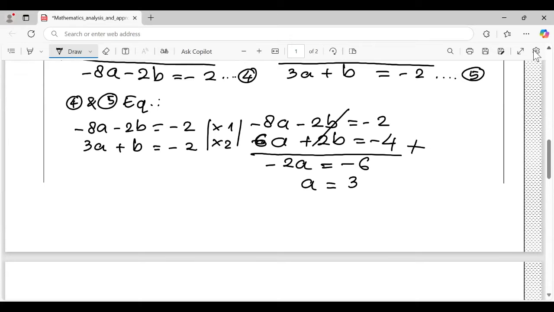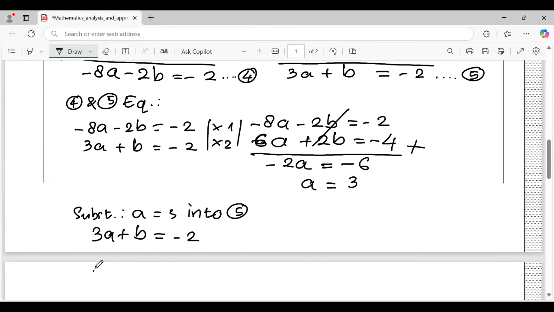Now substitute a equals 3 into these equations, into the fifth equation: 3a plus b equals minus 2.